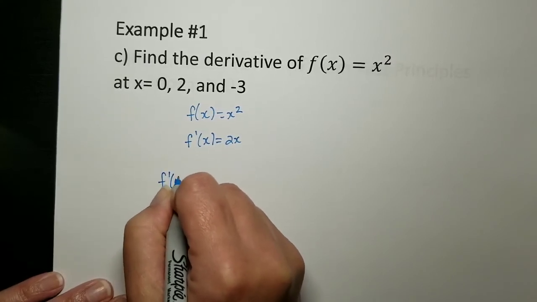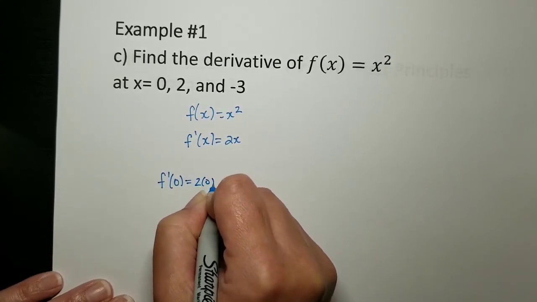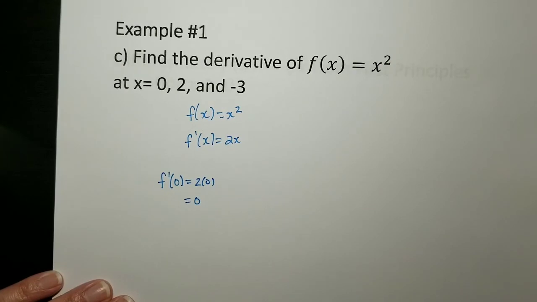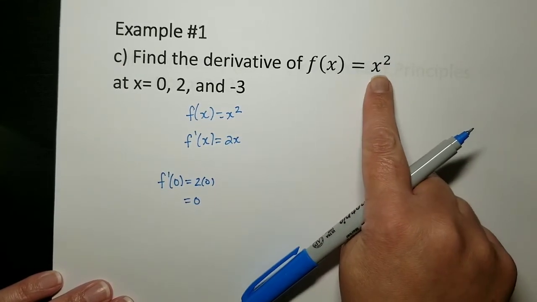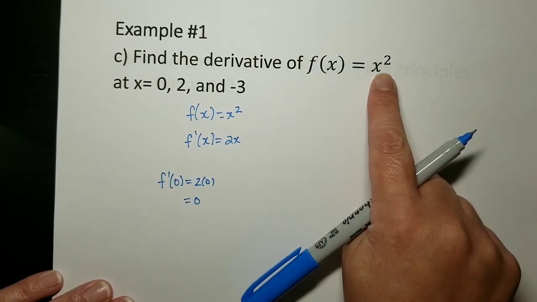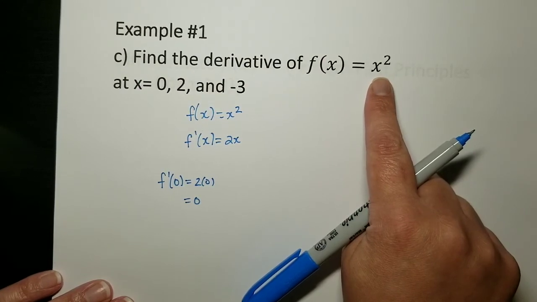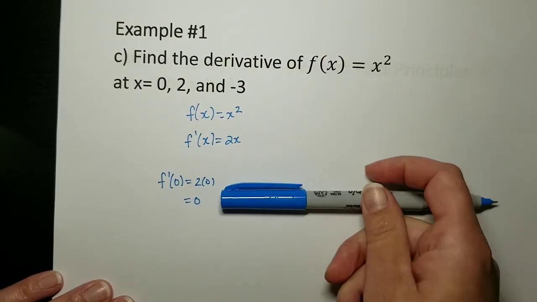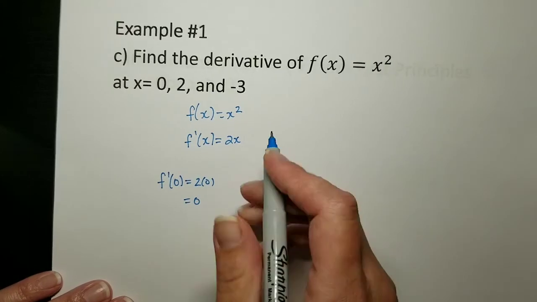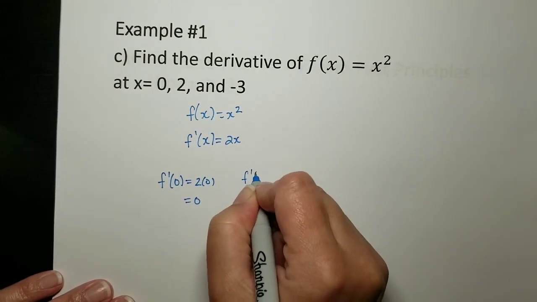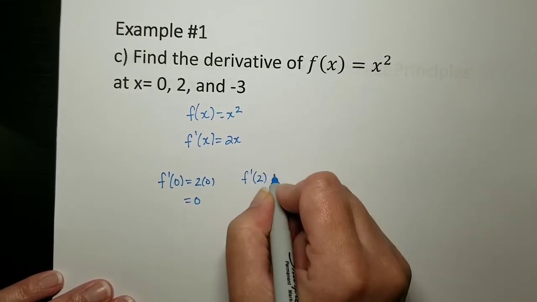So f prime at 0 is 2 times 0. So the slope of the tangent at x equals 0 is 0, which should make sense, right? That's the vertex of the parabola, so that would have a horizontal slope. F prime at 2, we did that one already, the long way.